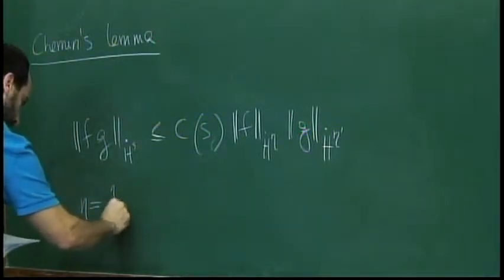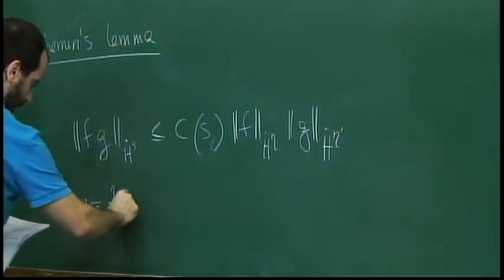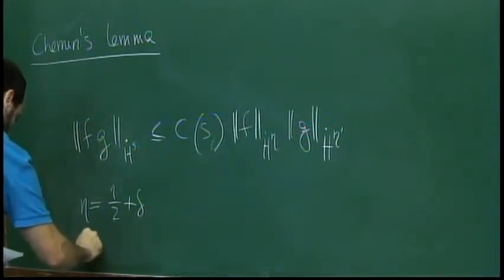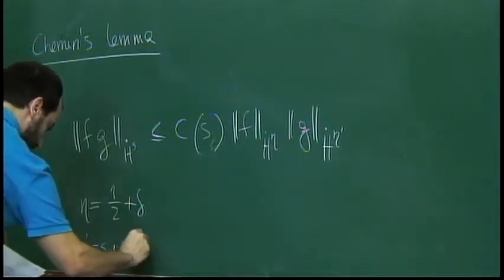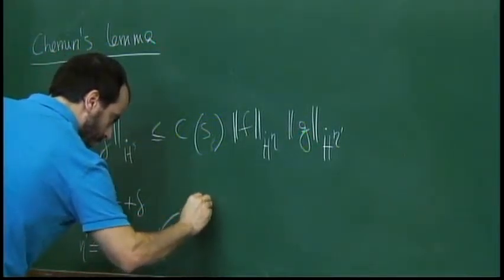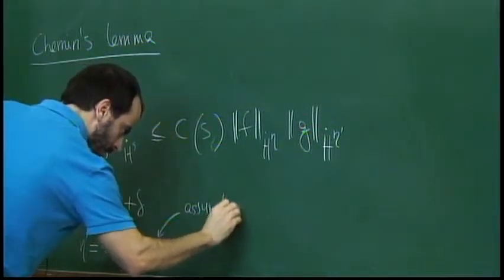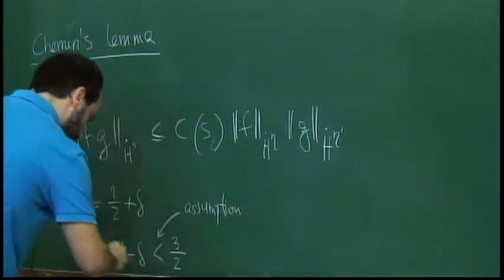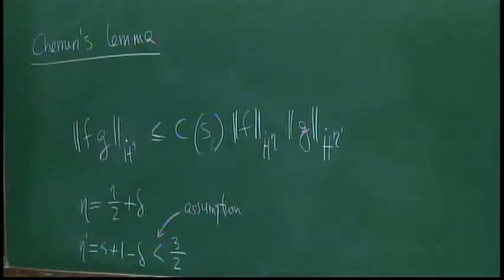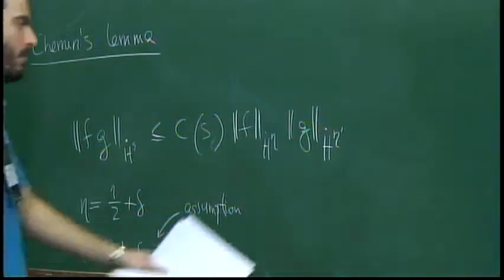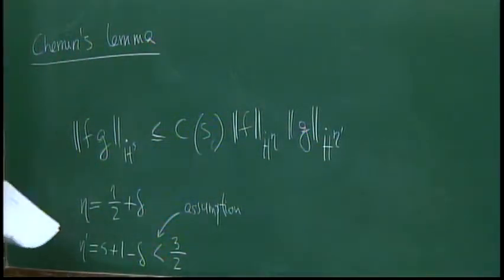Eta is 1/2 plus a positive delta, which is that one, and eta prime is equal to S plus 1 minus delta, which is assumed, so this is the assumption. The assumption is that S satisfies this inequality here. So this S that shows up here is the one from the theorem.